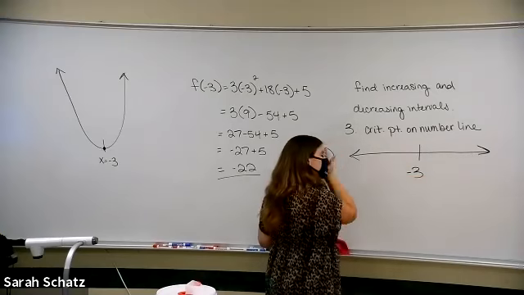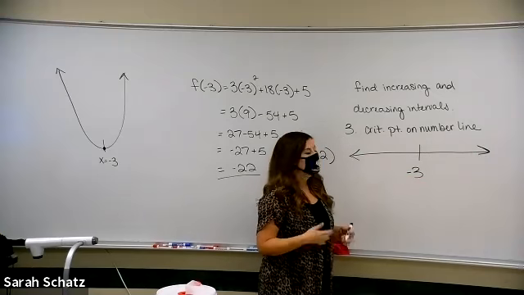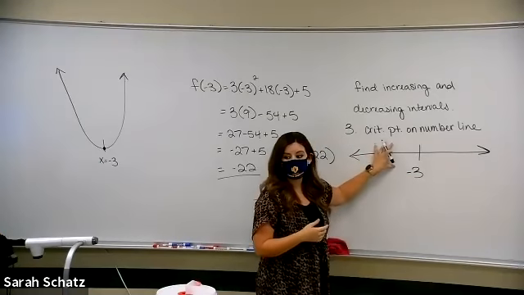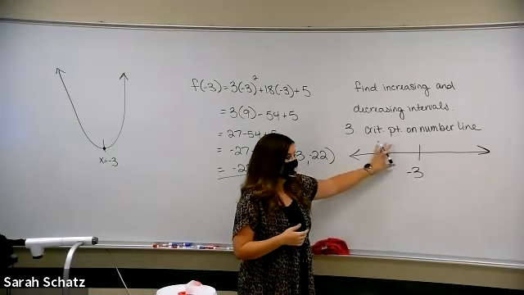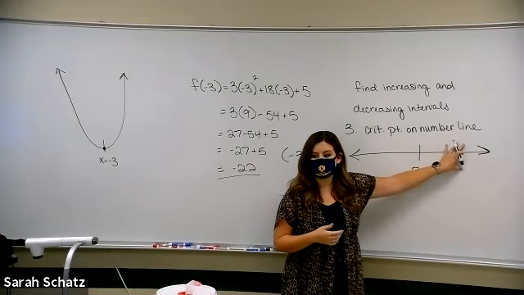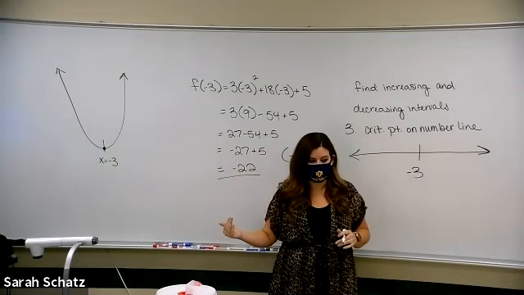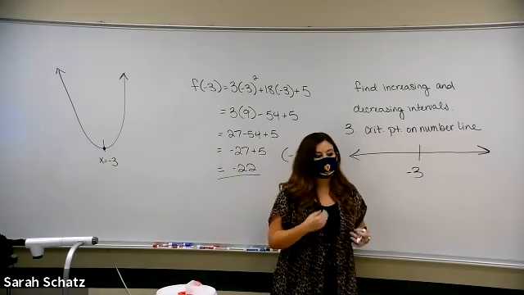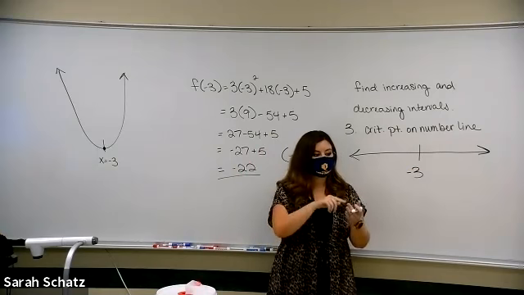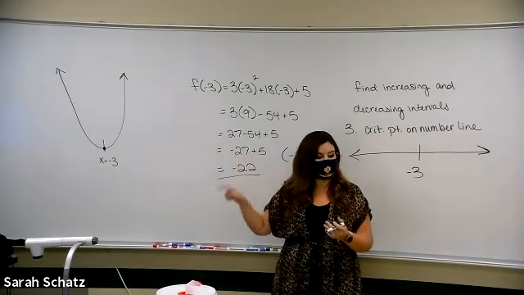So we're going to test a value over here, and a value over here. Now remember, I don't care what the actual function values are. That doesn't tell me much. What does tell me a lot is what the derivatives at those values are.